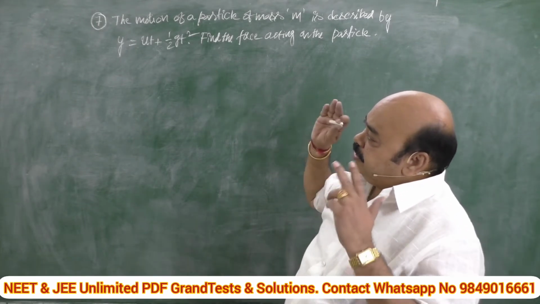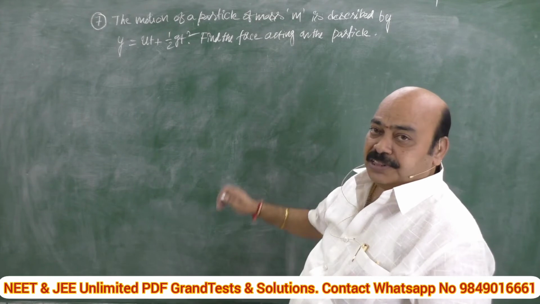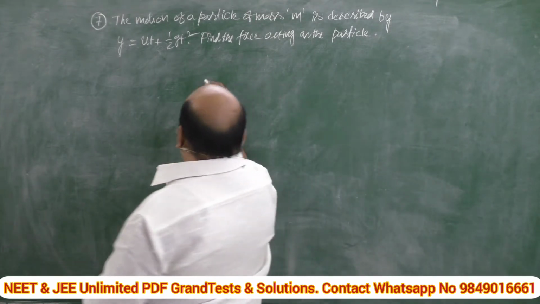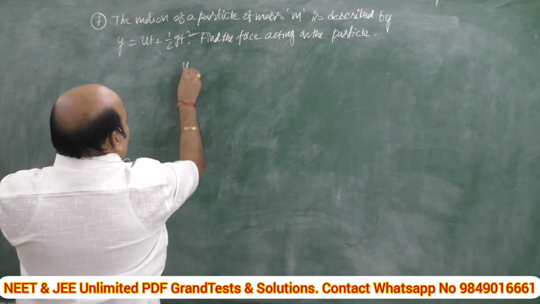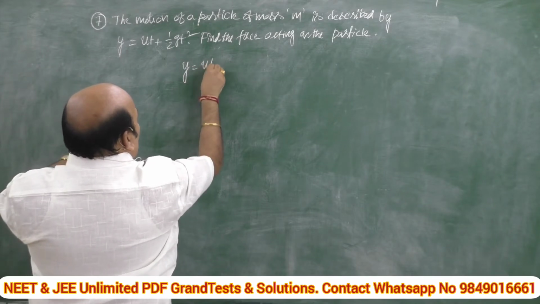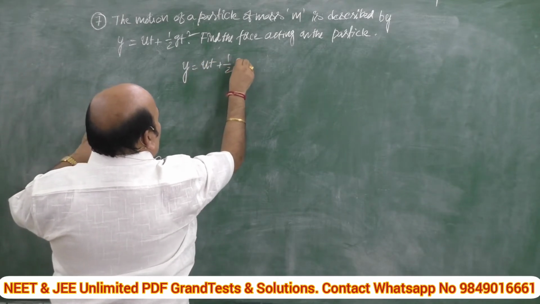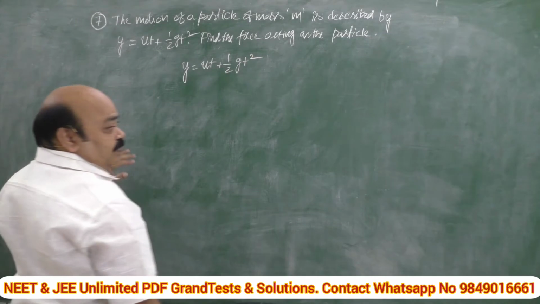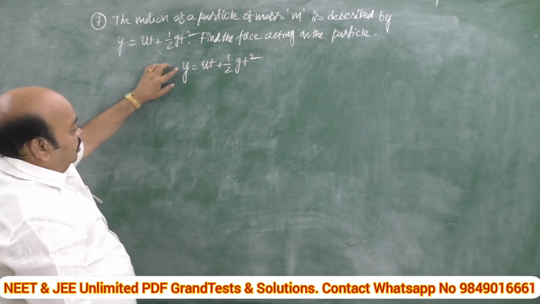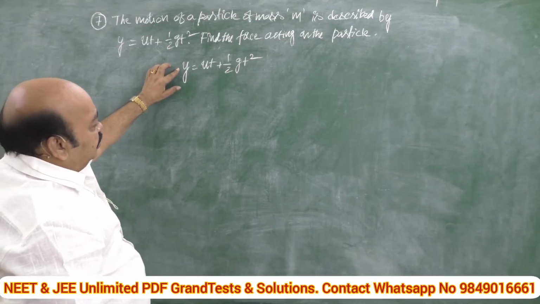It is similar to something else. Just think over what is given. The displacement y is equal to ut plus half gt square. On the left hand side we have displacement.